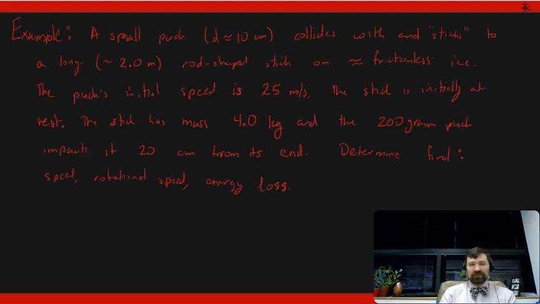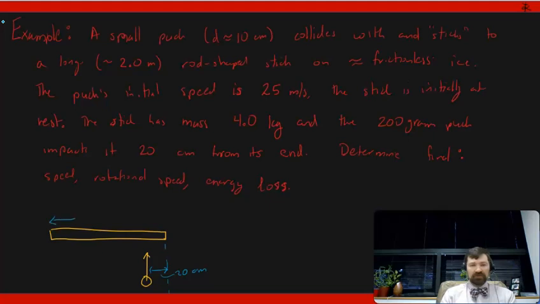If I was going to draw this situation from the initial state, I basically have something that looks like this, wherein I've got a little puck coming towards the end of the stick. I'm told that this distance right here is 20 centimeters.